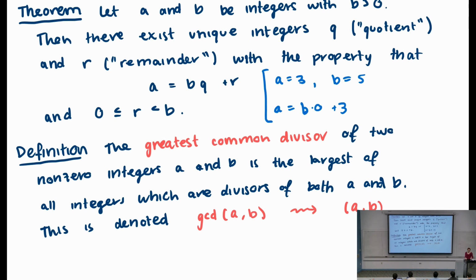The first time I encountered this, I was very confused, because the ordered tuple A comma B is not a number. But when people are using GCD a lot, they will just drop the GCD and write A comma B. I'm not going to do that, but be aware that if you're reading other sources, you may encounter this notation.